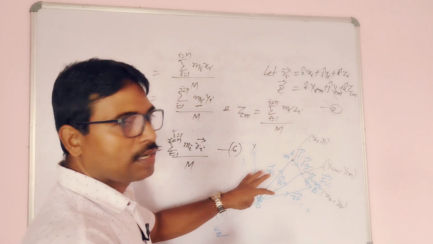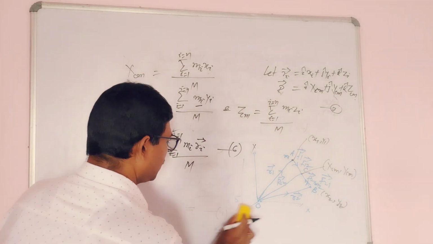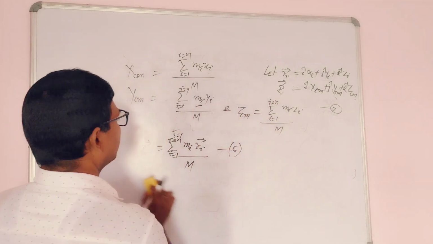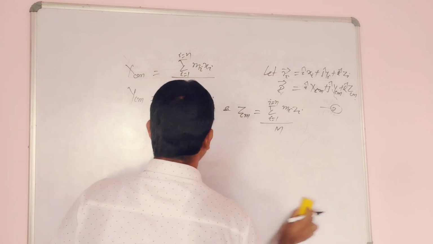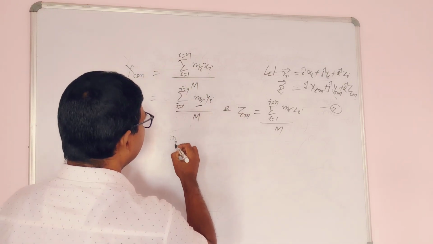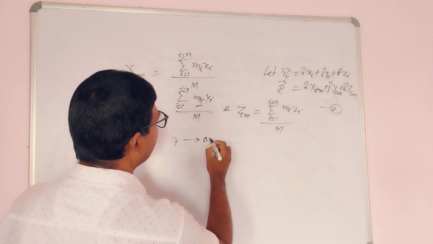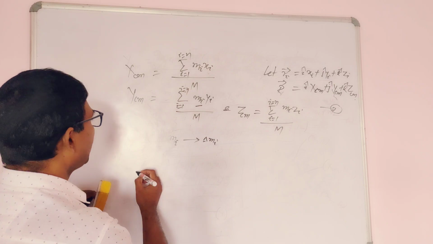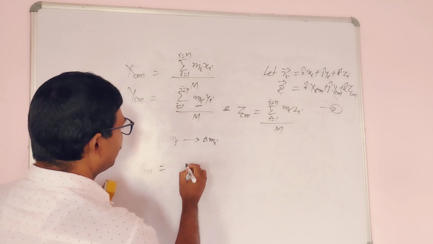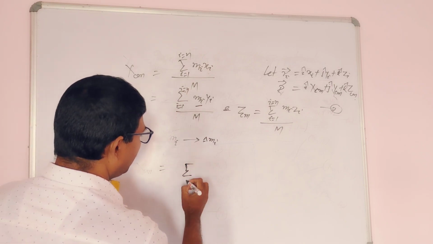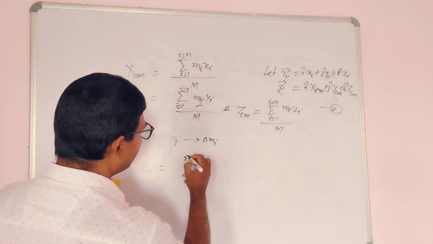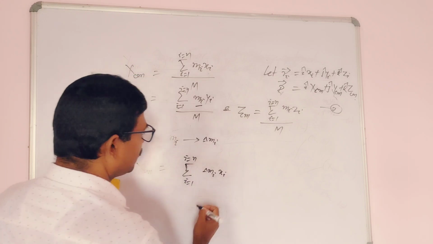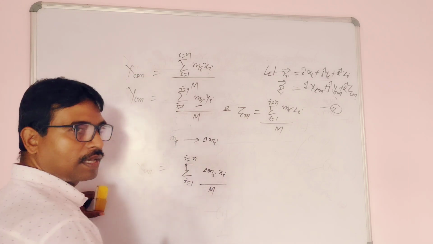In this case, mi becomes delta mi. So in this way, what will you write? xcm is the summation of i = 1 to n of delta mi xi divided by M.